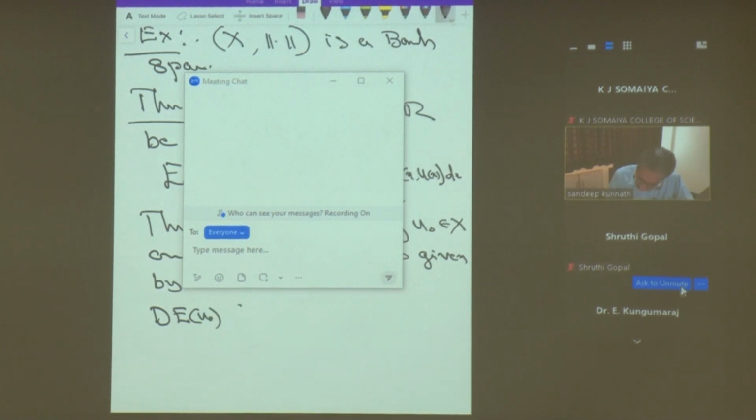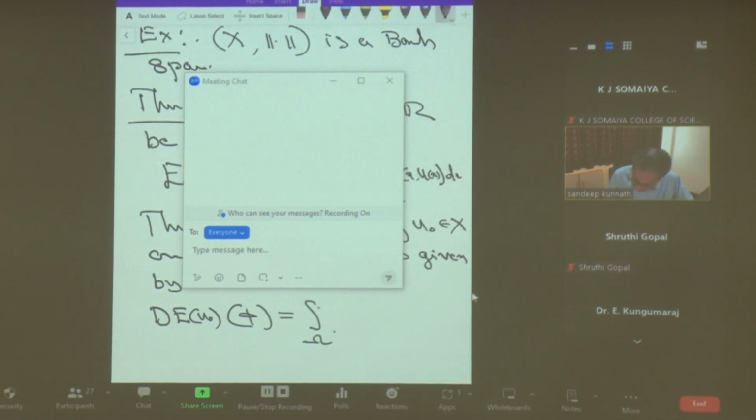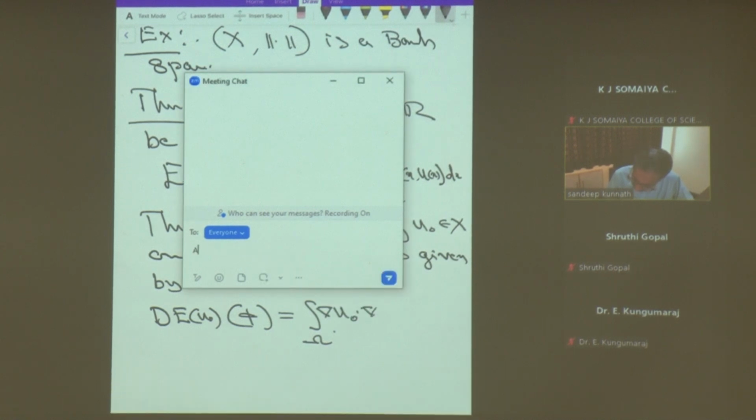This acts on any function phi and is equal to the integral over omega of gradient of u0 dot product with gradient of phi minus the integral over omega of small f of x.